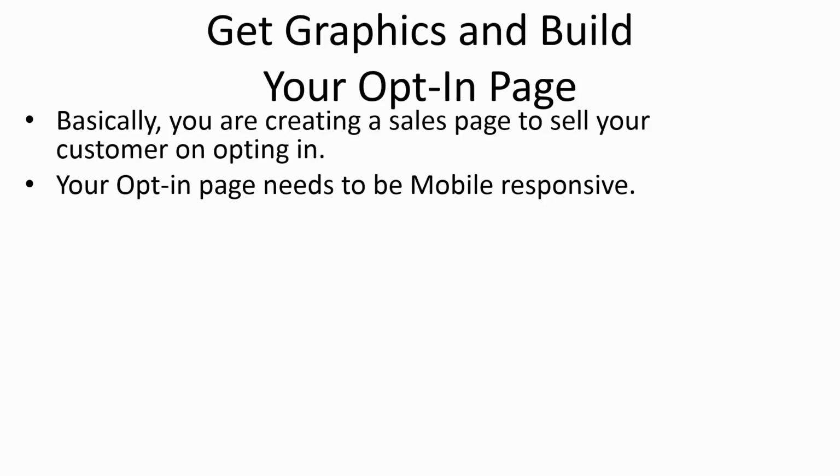You have to assume that somebody is going to first see your page on a mobile device. That might mean getting OptimizePress, or whatever the case is. It doesn't really matter which one you have, but you need one that's going to make your opt-in page mobile responsive. Does that make sense? Everybody clear on that?